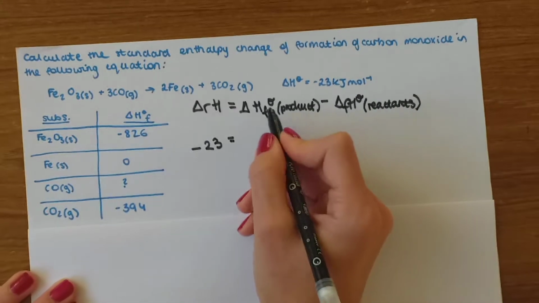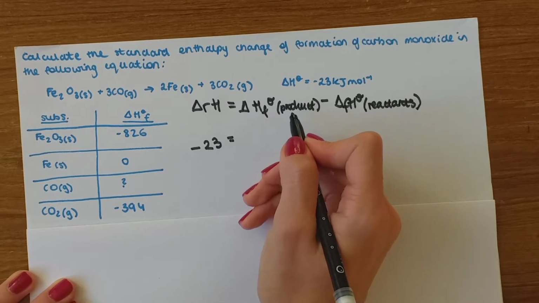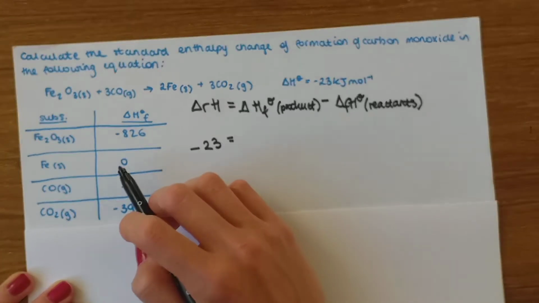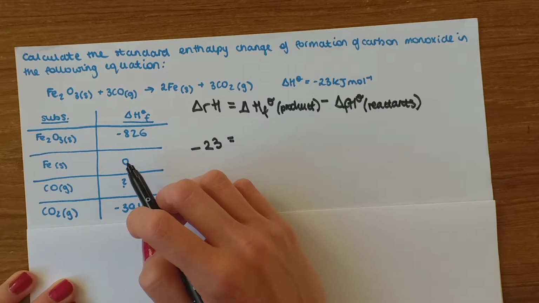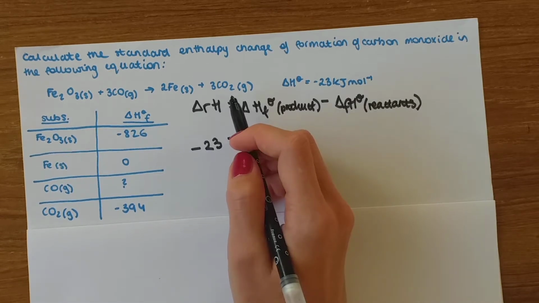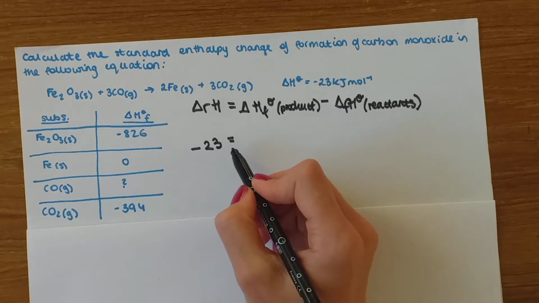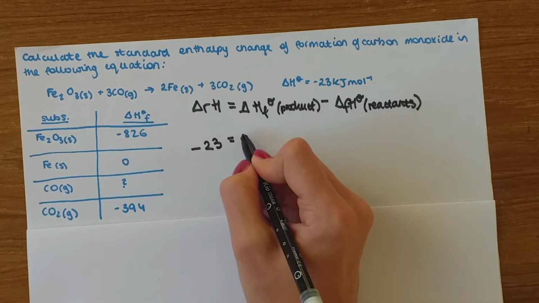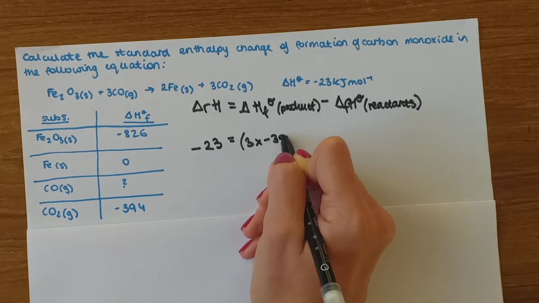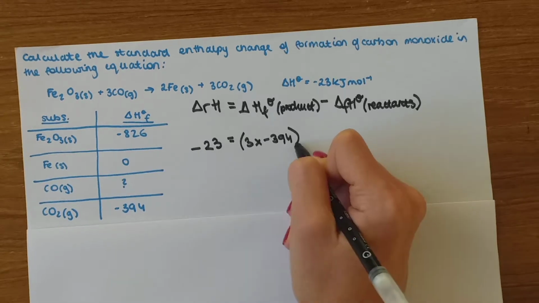What we also know is the standard enthalpy change of formation of the products. For iron, it's an element itself, so the enthalpy change is 0. For carbon dioxide, the enthalpy change is minus 394. We've got 3 carbon dioxides, so we do 3 times minus 394.